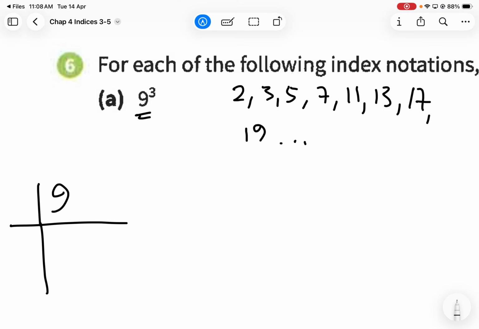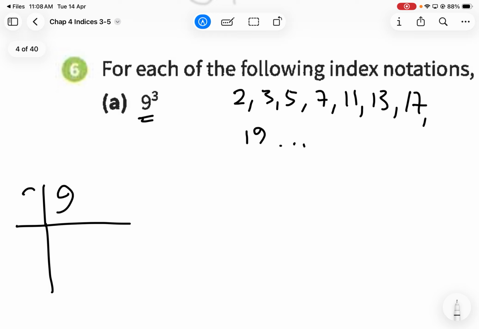Okay. Then when I press 9 divided by 2 is not a whole number, I try the next prime number. Then I will try 3. Then this time when I press 9 divided by 3, I get 3. Then I try again. Can it still be divided by 3? Still can. So I know that 9 can be written as 3 to the power of 2. Okay?